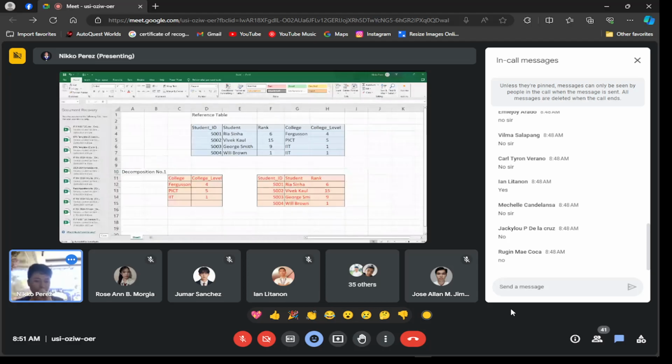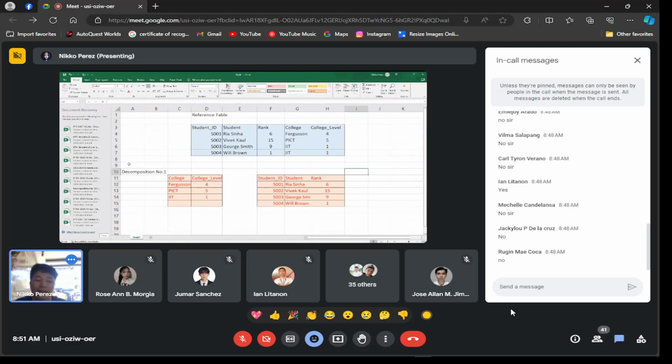Kay na-observe ni Sanchez na wala daw ang data ni Will Brown. Sa paman, apay lain? Napabay lain class? Wala na? Okay, here's the answer for this.